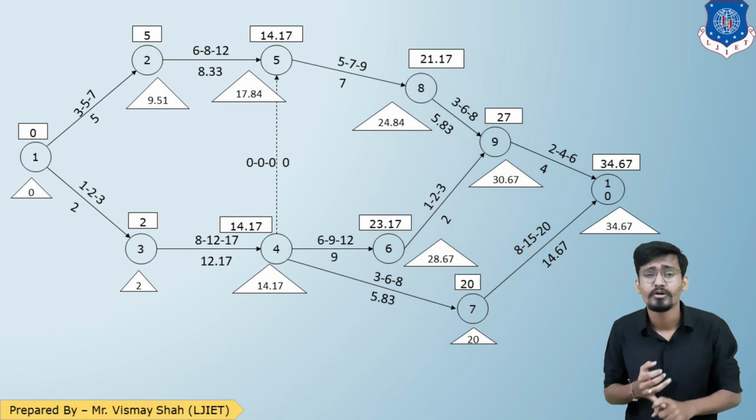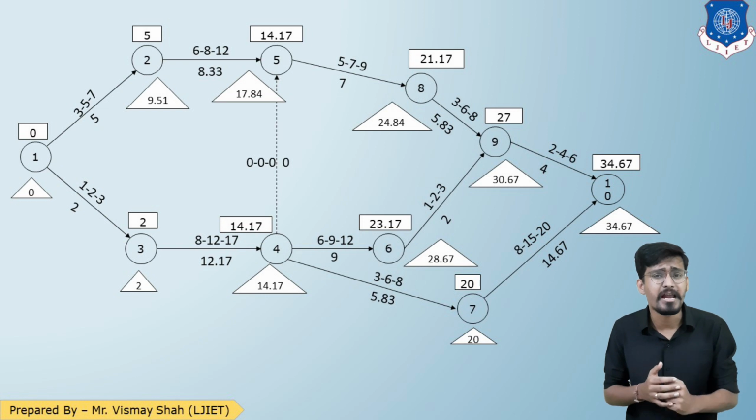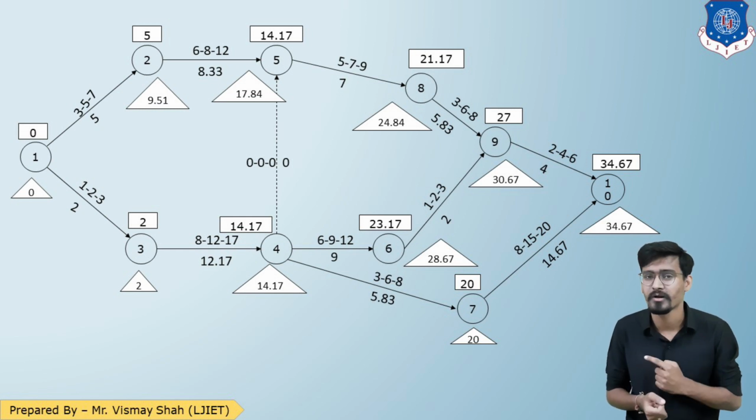Now students, we need to find the critical path of the network. To find the critical path, we need to understand the slack. The slack is TL minus TE. So what are TL and TE in our network?